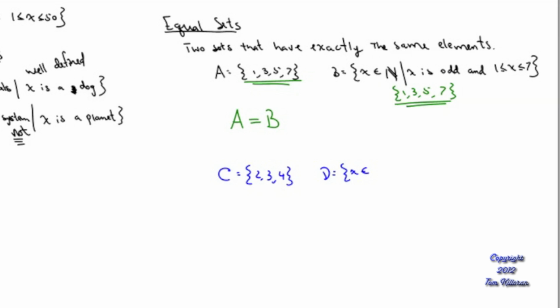X is a natural number such that, let me change that to make that 1. Are C and D equal?